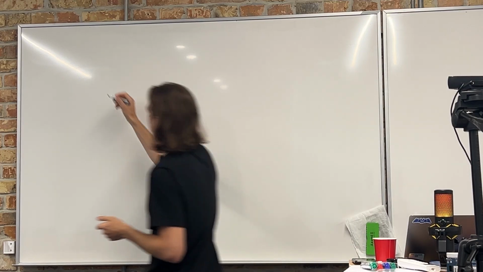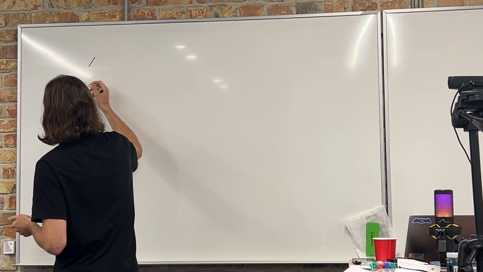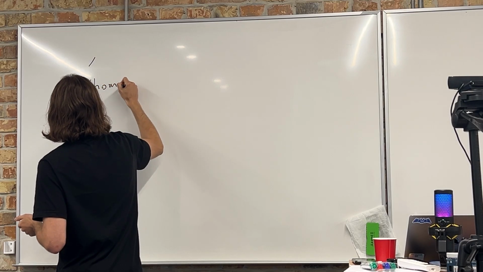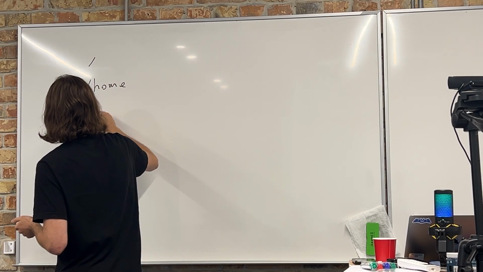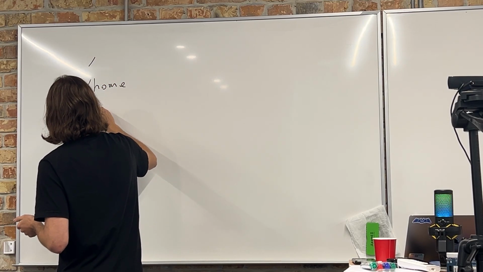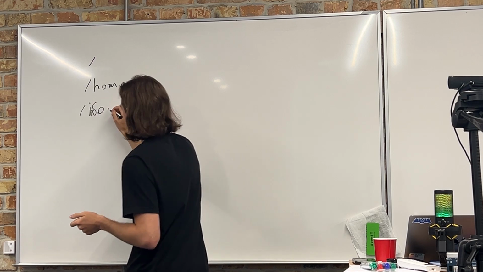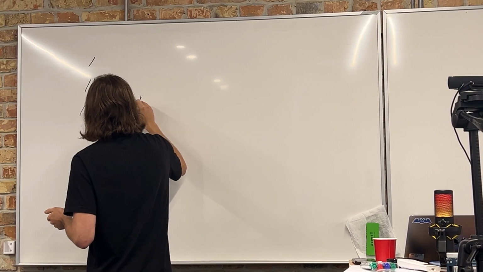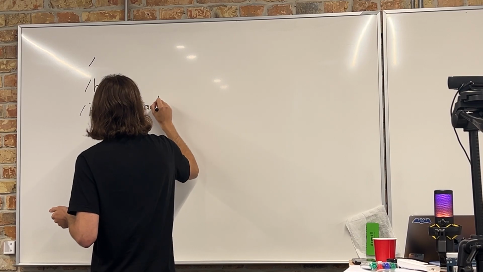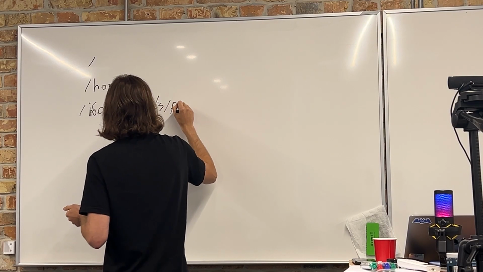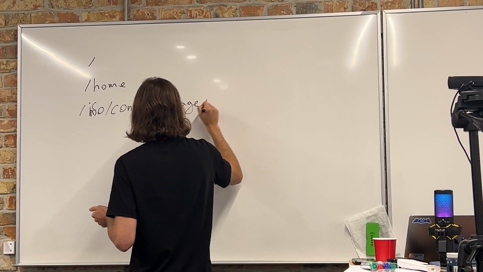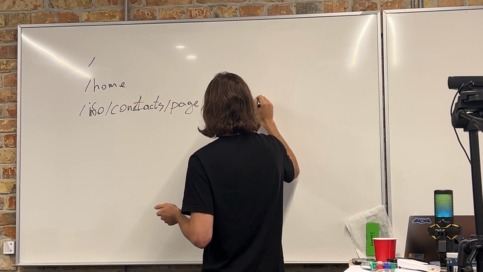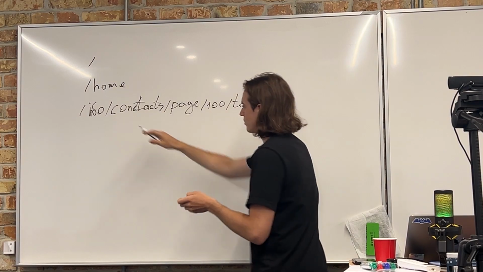For example, it may be the initial route, or for example, home or info, or contact, page, 100, topics, or something like this.